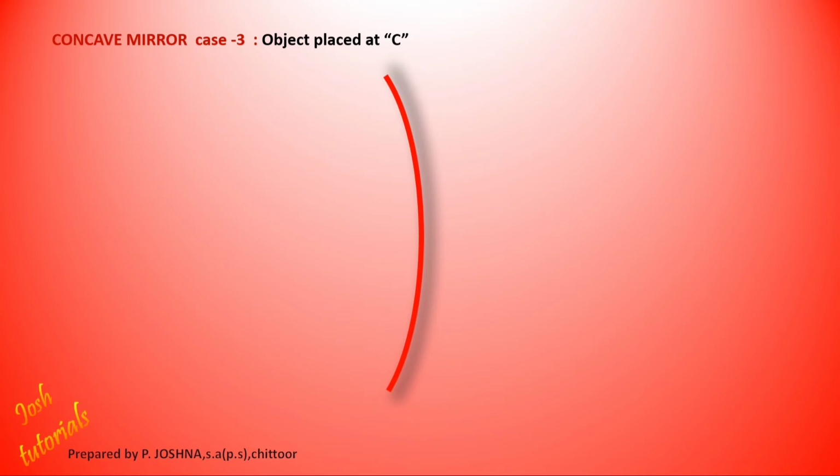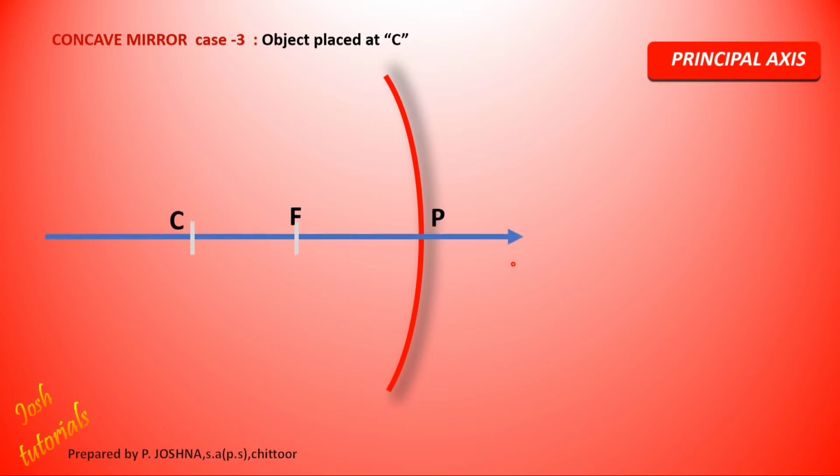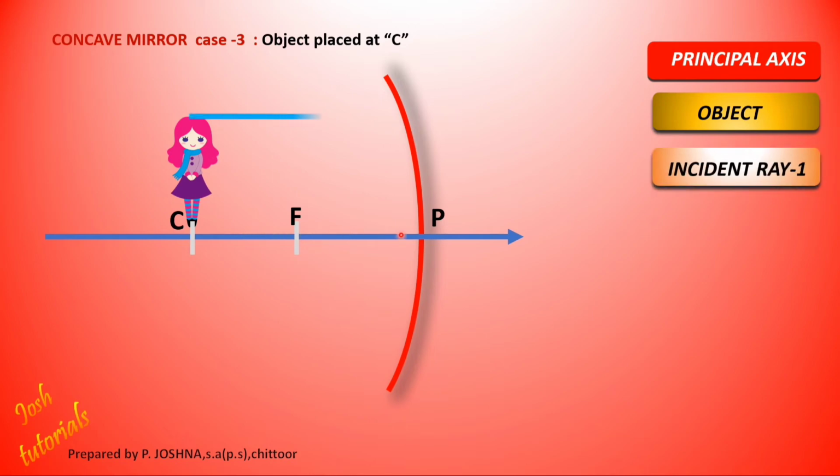Now we move on to the third case, that is, the object is placed at the center of curvature. Draw regularly with color pencils using the center of curvature, focus and pole of the mirror, and place the object at C. Draw an arrow mark at the center of curvature.